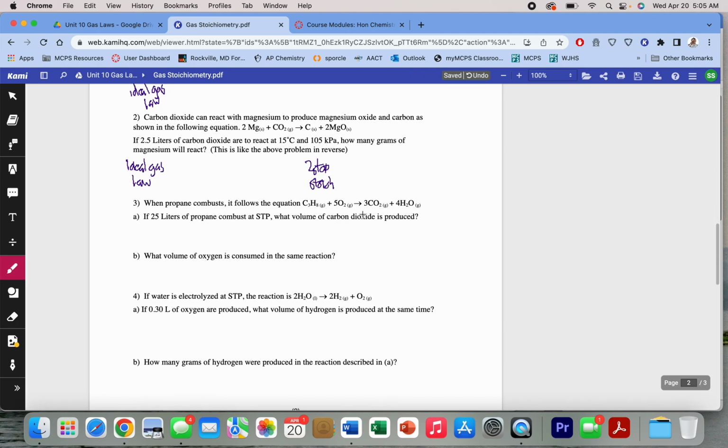And then this problem here looks like we've got those magic letters STP, but it also looks like we're using volume of propane and volume of CO2. So this is volume to volume. So this is our easiest one.